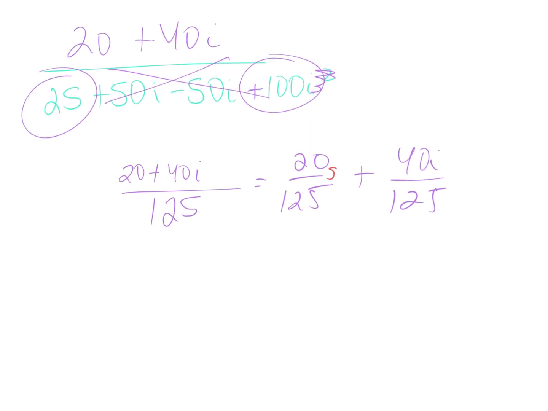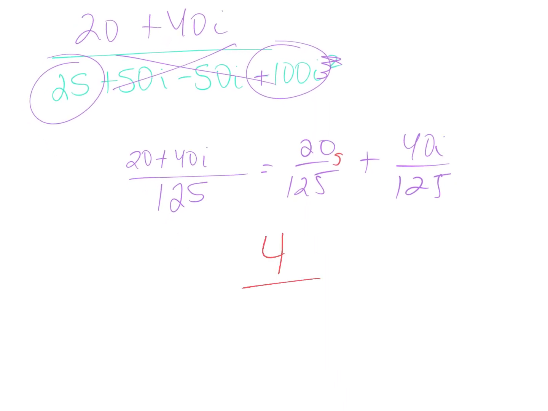Good. 20 divided by 5 is 4. 125 divided by 5 is 25. What goes into both 40i and 125? 5. So it becomes 8i over 25. You can leave it like that, or you can put it back together since both the denominators are the same. Either way.